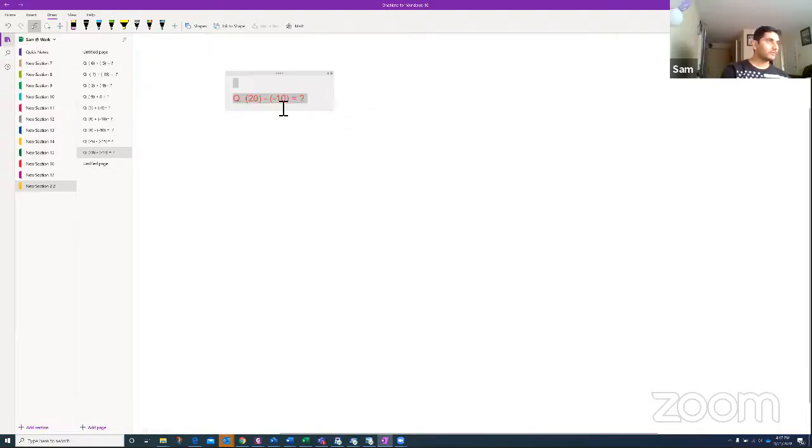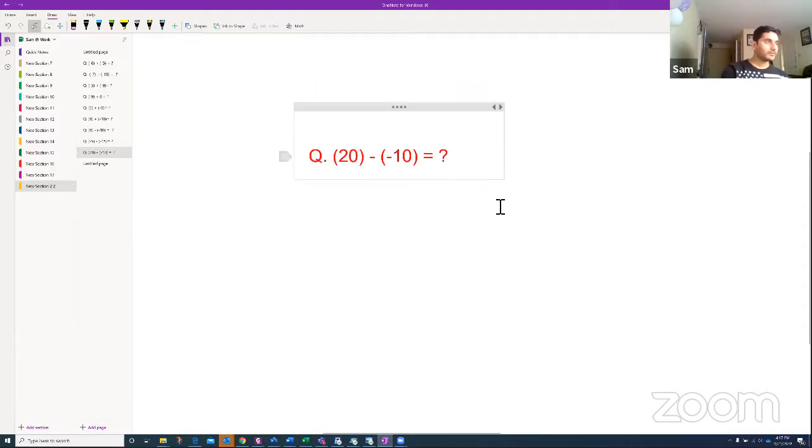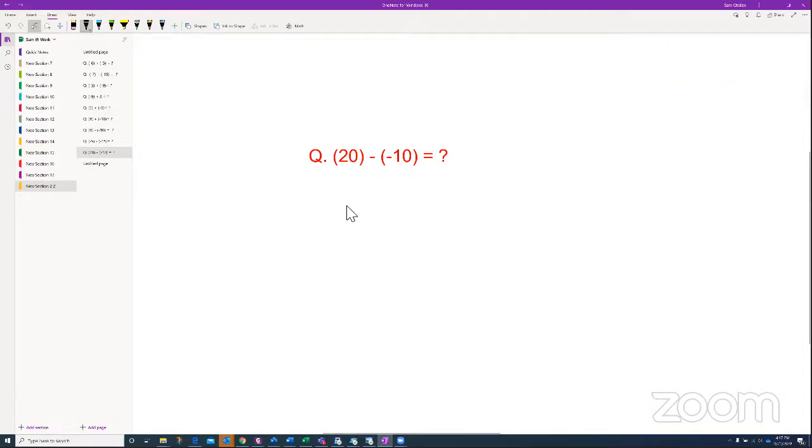Okay, let's see if we can get the right answer for this one. So we have a positive 20 minus the negative 10. 10. 10. Yes. Okay.